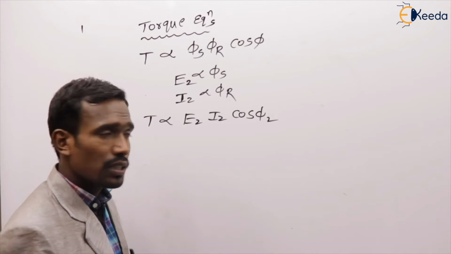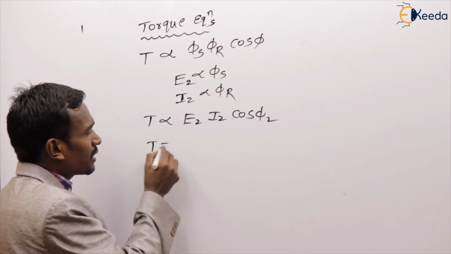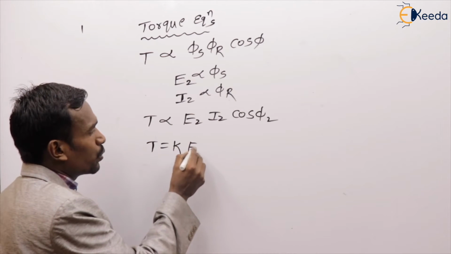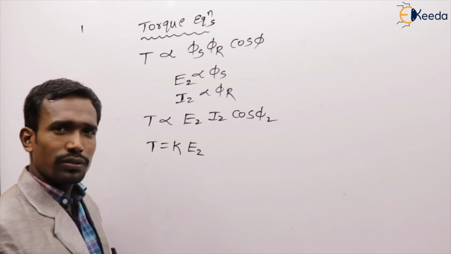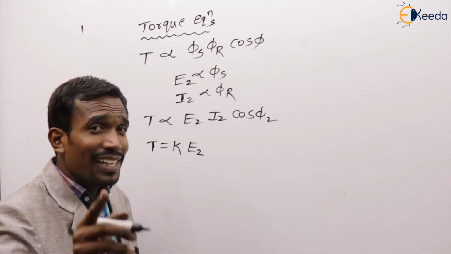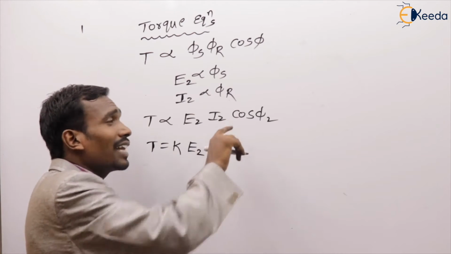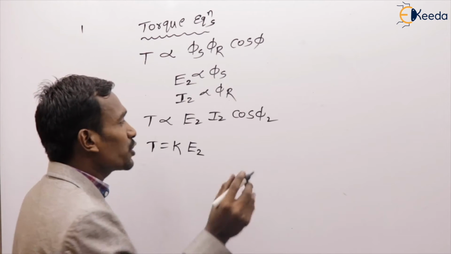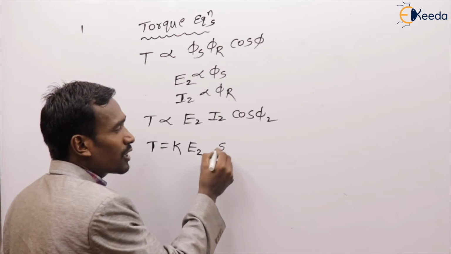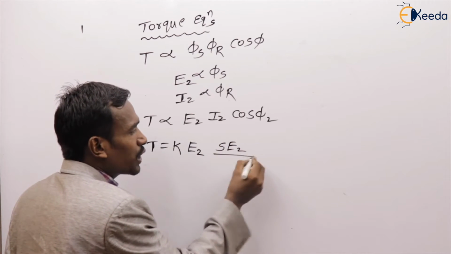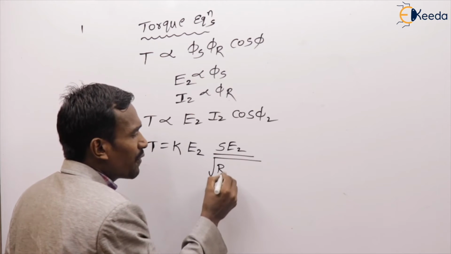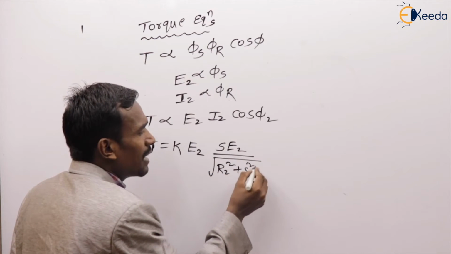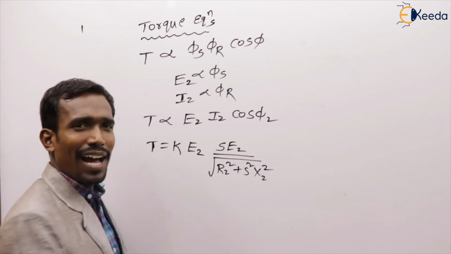Now, the torque T is equal to some constant K into E2 into I2. Have an idea? I2 at running condition is equal to S into E2 by square root of R2 square plus S square X2 square.